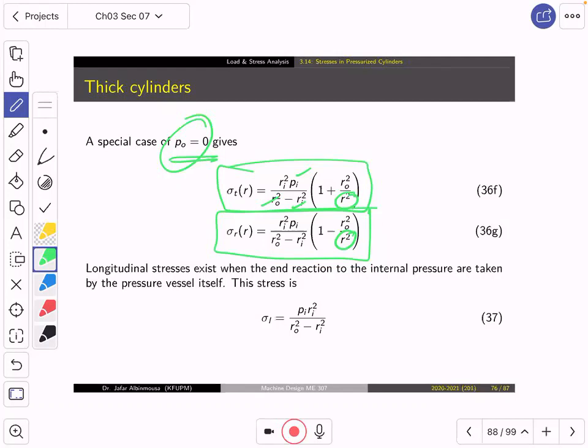Do you understand? Now, sometimes pressure vessels, as we walk on the road, ya shabab, we see a tank like this, a pressure vessel which is closed.